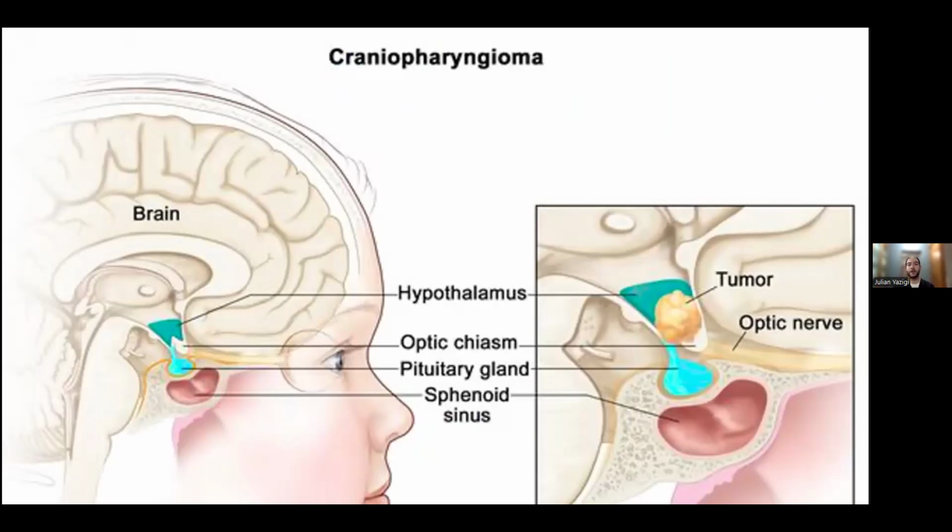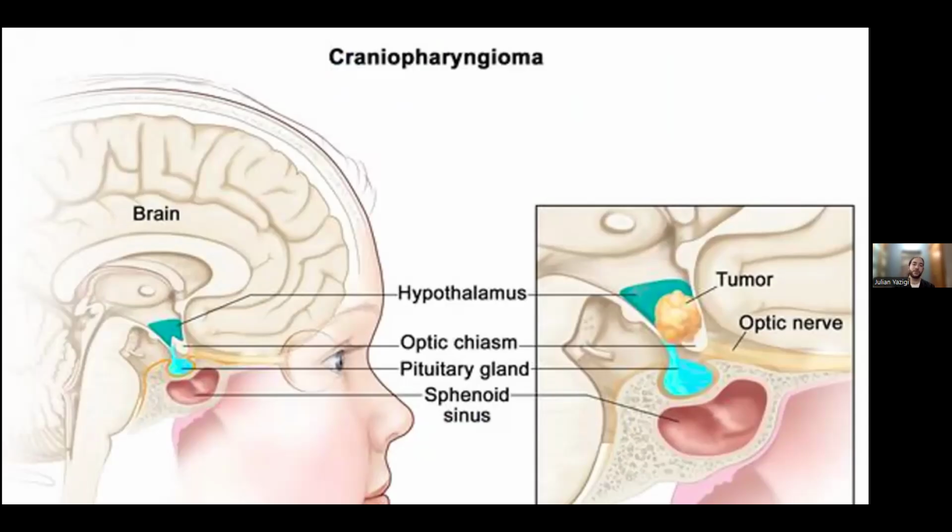Radiologically, the MRI typically demonstrates a mixed cystic and solid lesion in the suprasellar region, often with calcifications in the adamantinomatous subtype, which is better visualized on CT. The relationship to the hypothalamus is particularly important for surgical planning and prognostication, and management is centered on balancing tumor control with preservation of hypothalamic function.